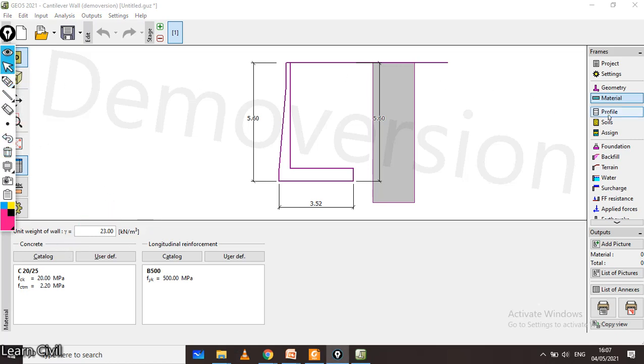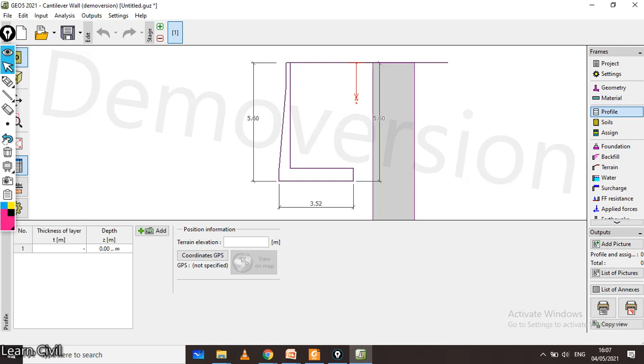Then next, profile. Here you can provide the profile of your soil mass or backfill. There may be a first layer, it may be a silty clay, having a depth of 0.8 meter, let us consider. The second layer, let us consider it is sandy clay.